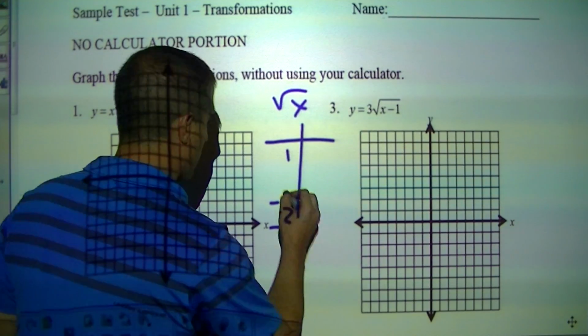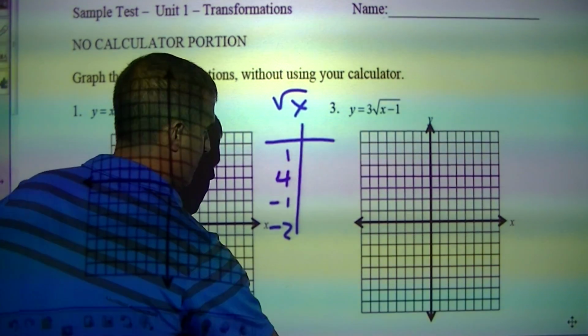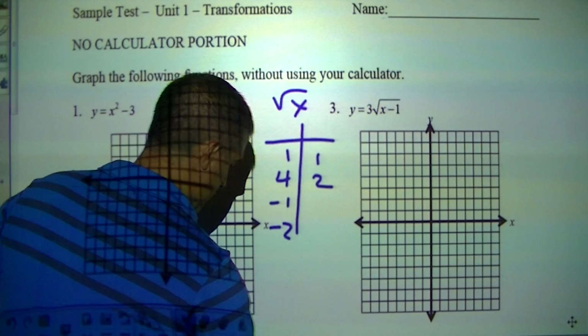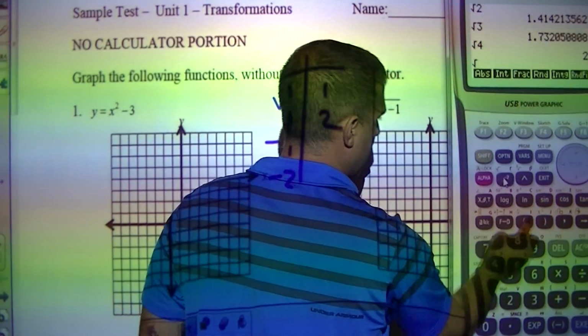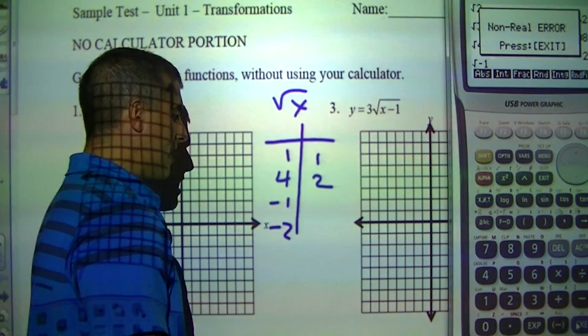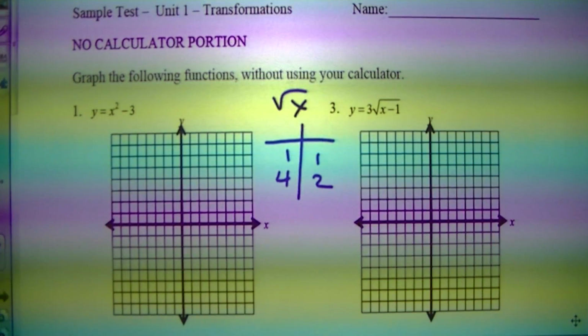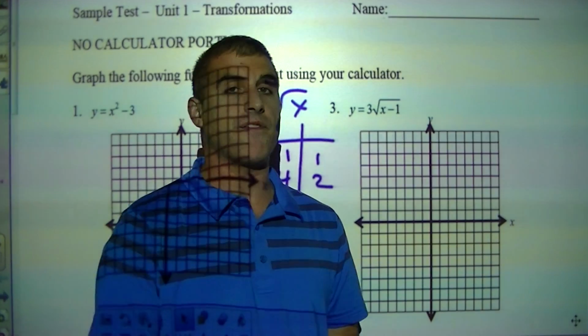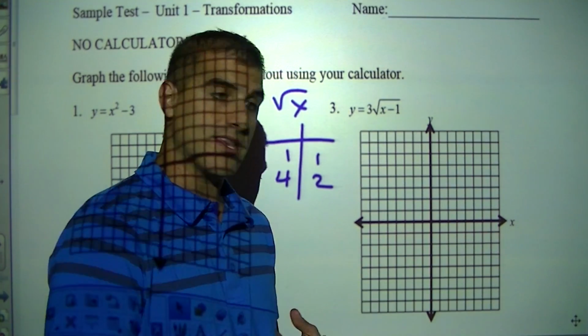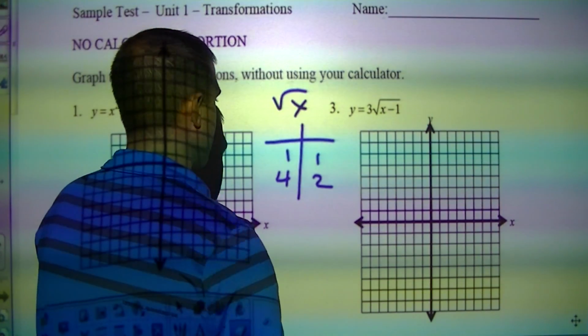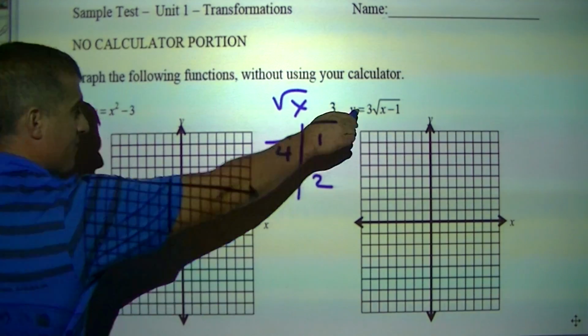I'm going to use 1, 4, and I get results of 1 and 2. If I take the square root of a negative number, it gives an error, so I can't use the negatives. So all I can use for square root is that. Throughout this review, I'm just going to reference those numbers to speed up the process.